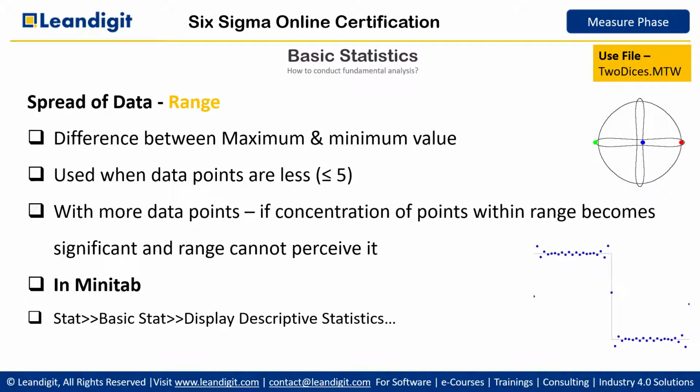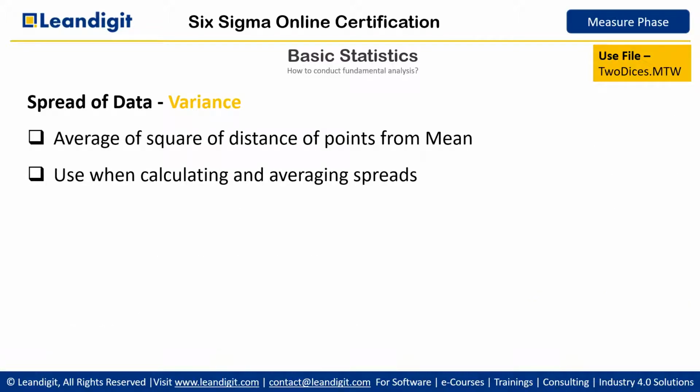It is very important that we understand that when data points increase, the spread within the range may change, and the range will not be able to tell us what is the change within the range, and therefore when data points increase we suggest we should not use range. In Minitab, how to calculate range we will learn in the end of this video.